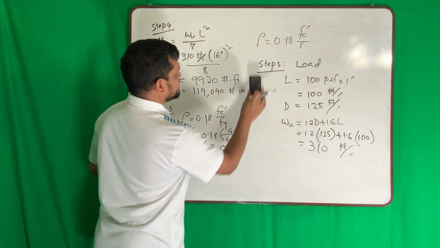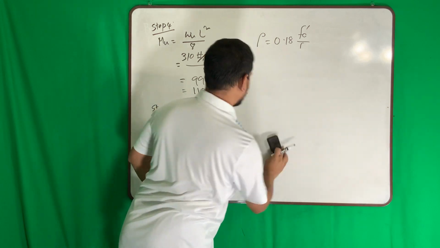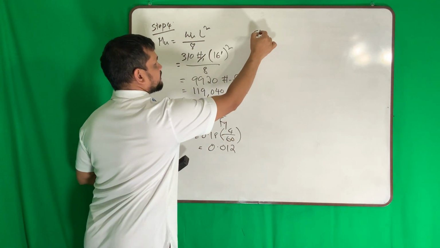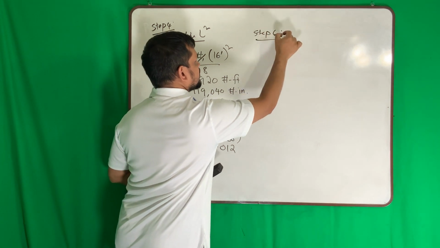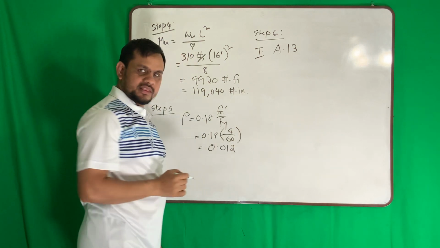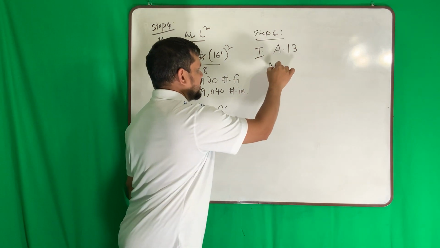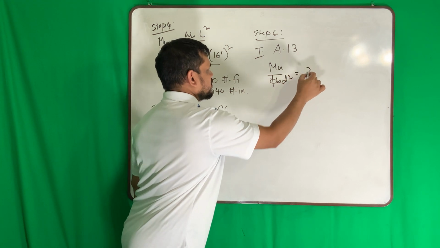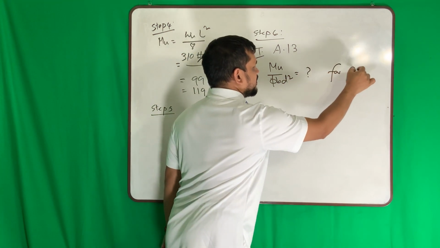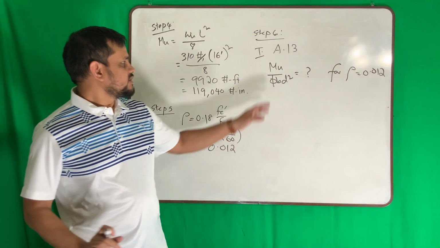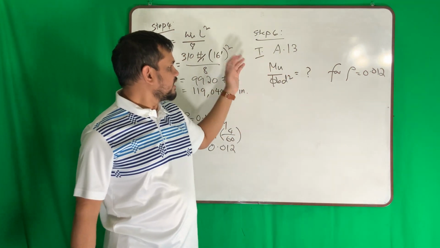Okay, I will erase here. The next step is step 6. We will use table A13 to find the value of rho f y bd square for rho 0.012, because you saw it here.